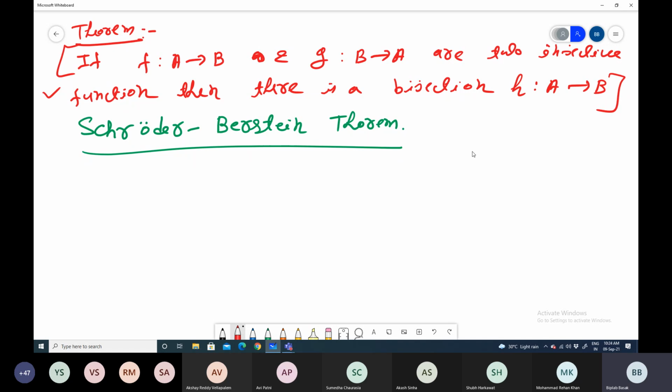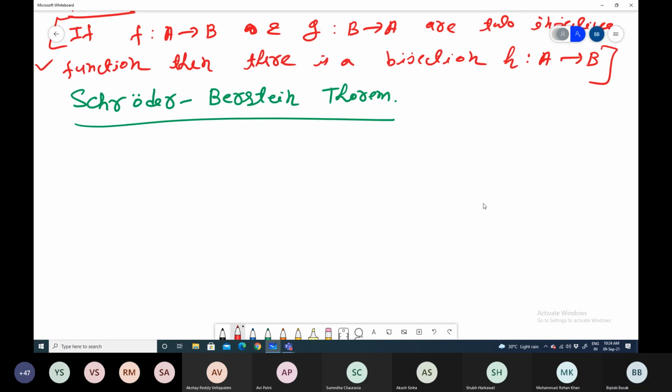For that you need the theorem, so you need the procedure of how to prove this theorem. So here is the proof. The proof is very interesting.